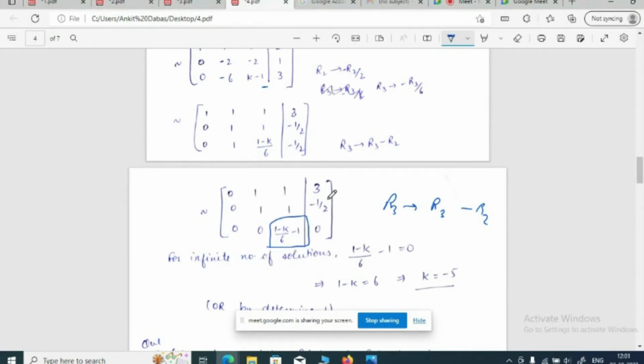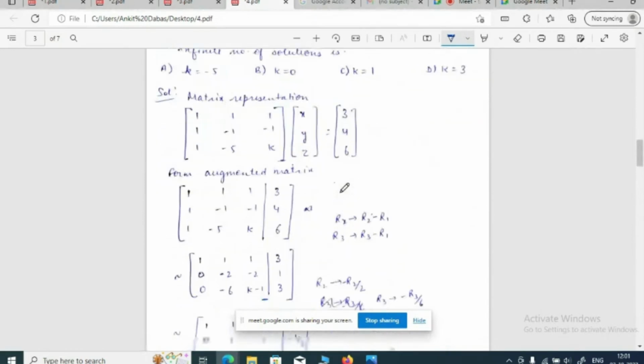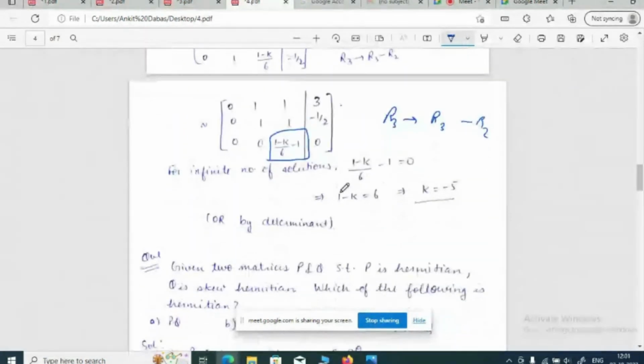So we were asked to find the value of k for which the system has infinite number of solutions. To have infinite number of solutions, the rank of augmented matrix should be equal to rank of A, and this should be less than the number of variables, which is 3.